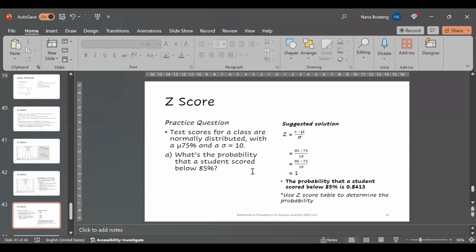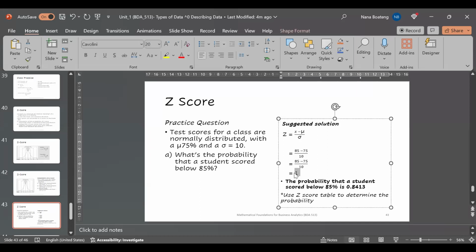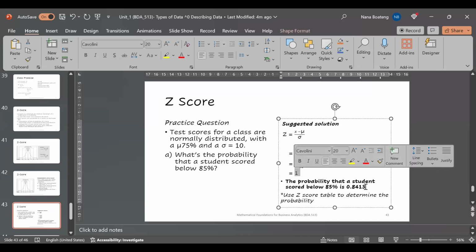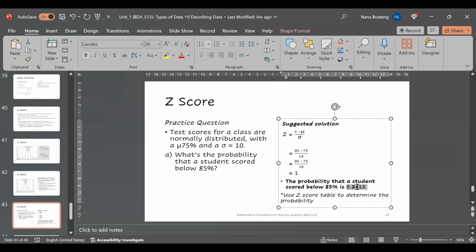Remember that here we are looking at 85%. Now we've put 85% in the calculation, and we got a raw score, and then we went into our z-score table, and then we got 0.8413.